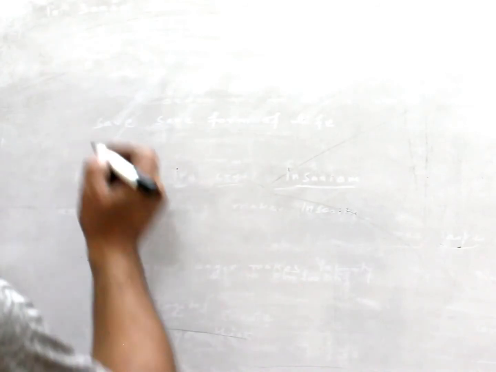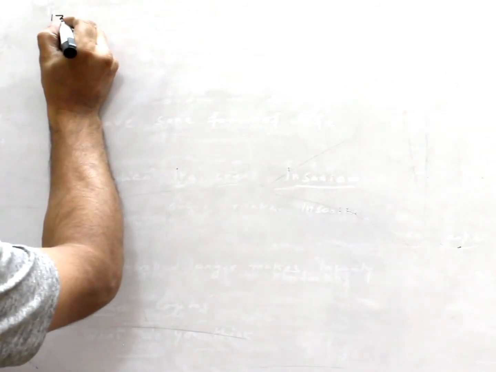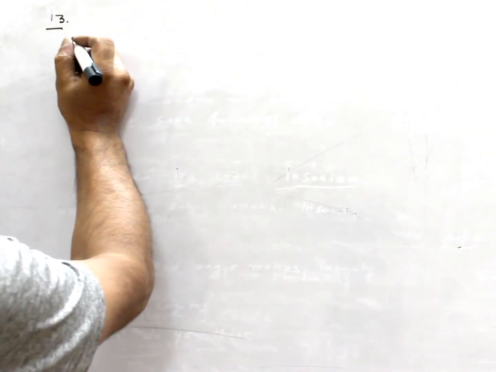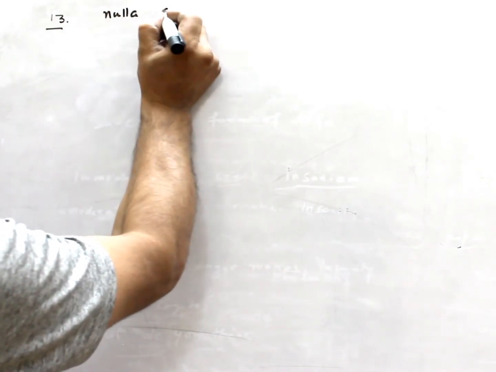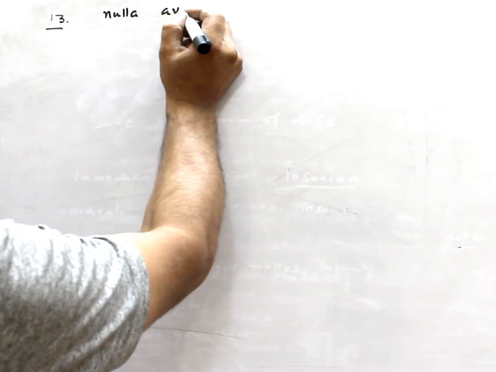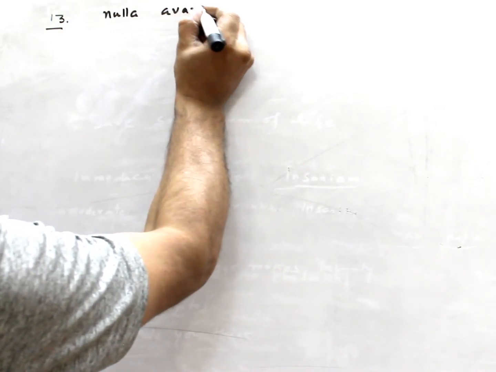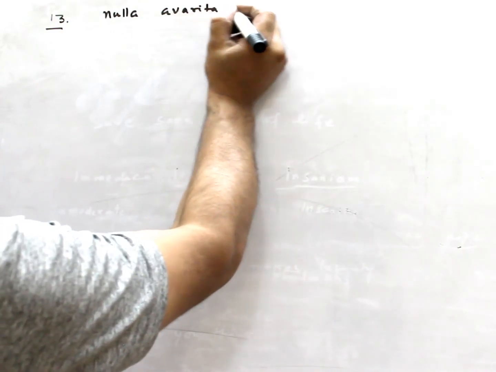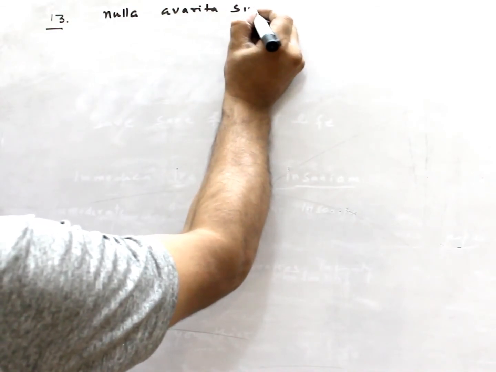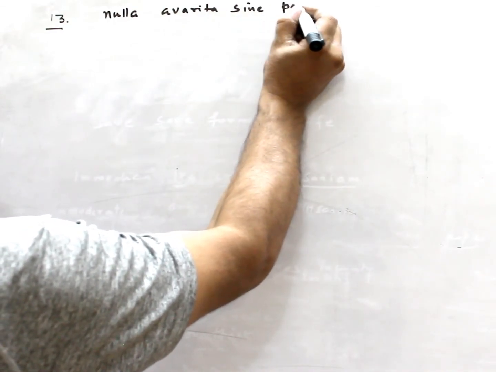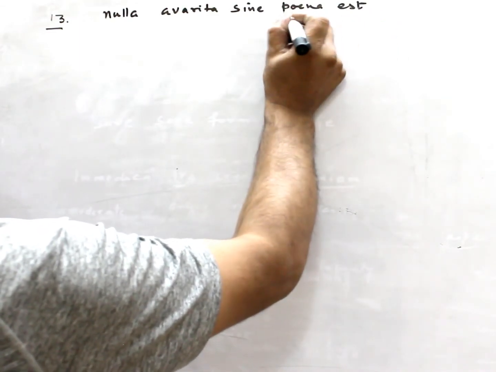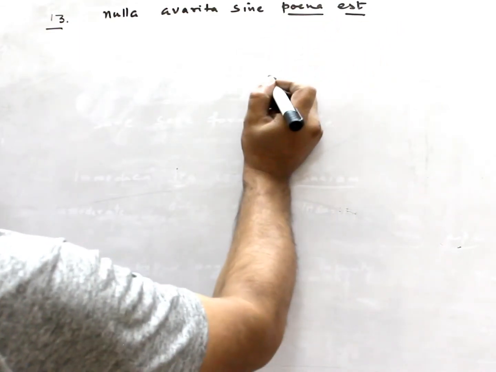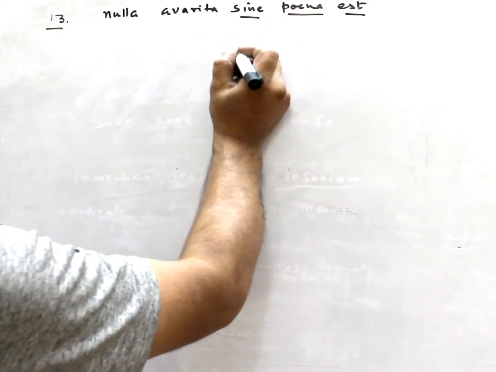Now 13. Nulla avaritia sine poena est. This is punishment, this is without.